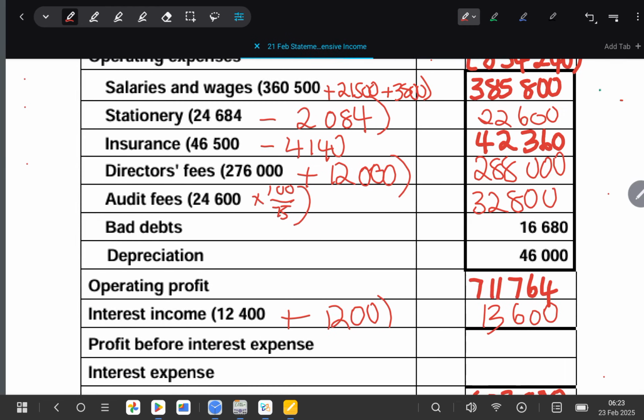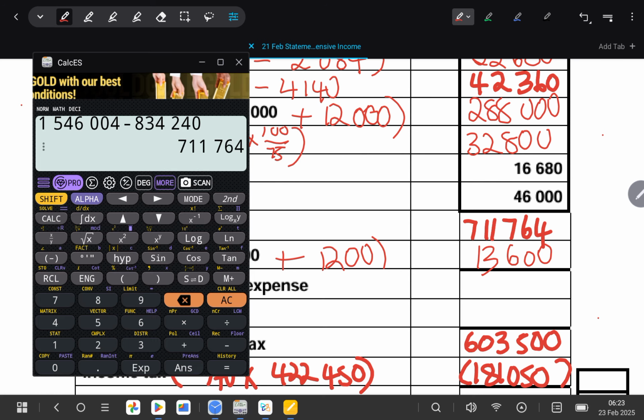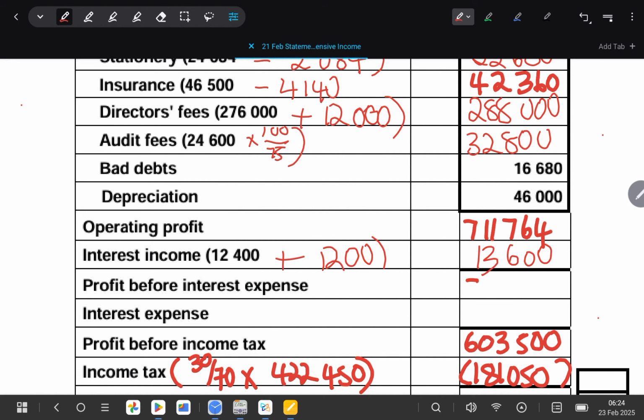Okay. And then from here, guys, we are going to add it together. We are going to say this answer plus 13,600. Okay, let me do it like this: 711,764 plus 13,600. It's giving us 725,364.